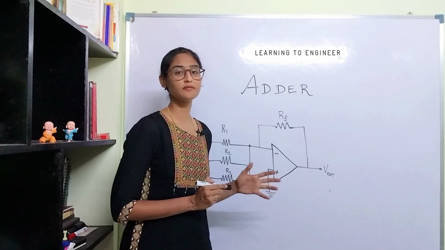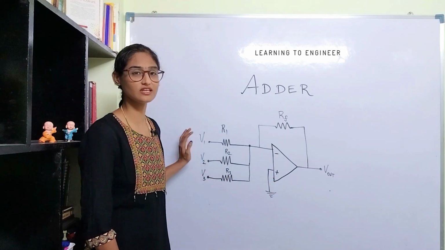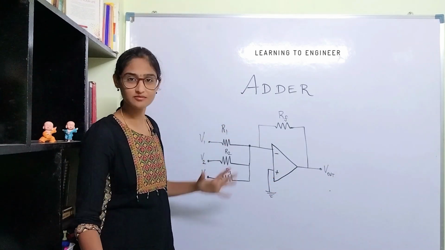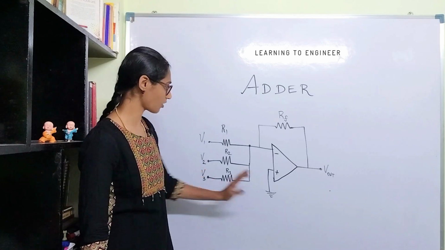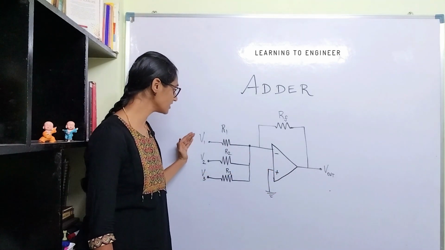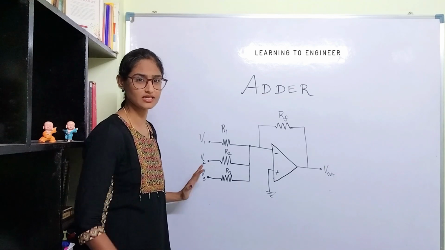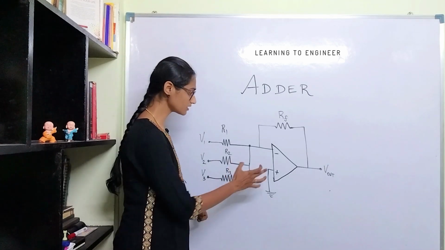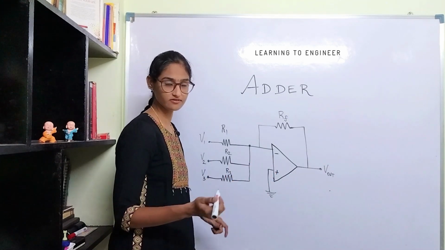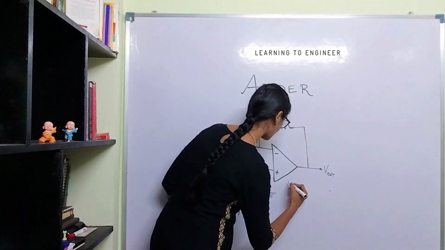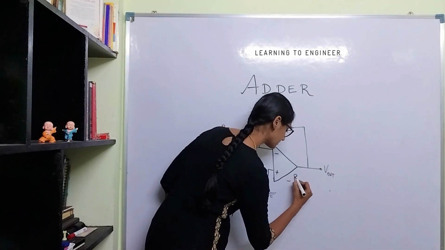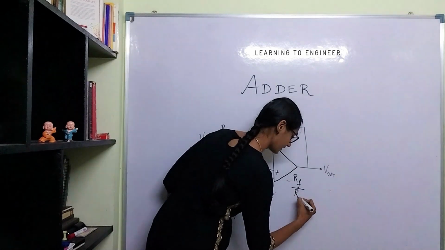This circuit performs the addition of three input voltages just like the name suggests. So the output of it will be the addition of these three voltages. How? Because we know that the gain of a negative feedback amplifier is minus RF divided by Rn.